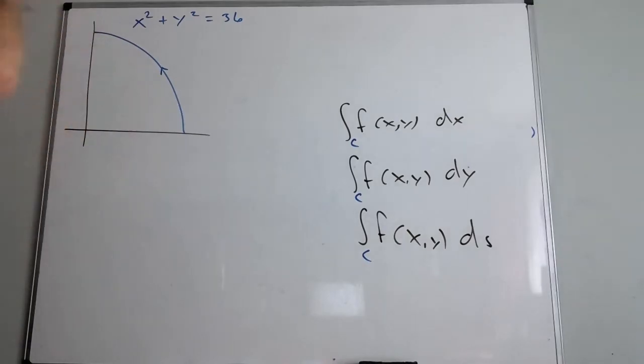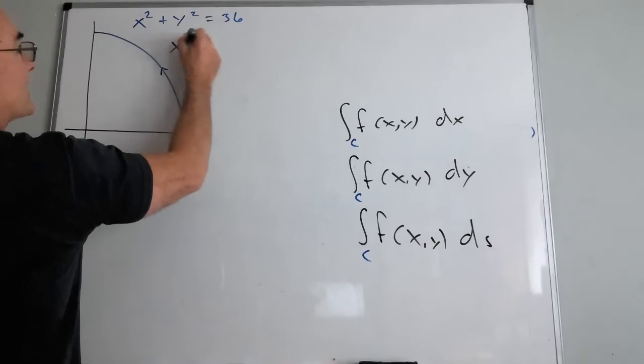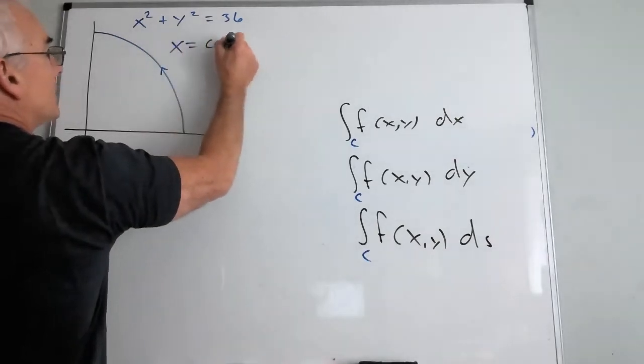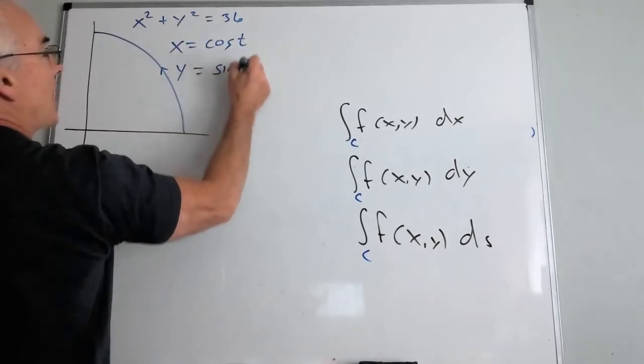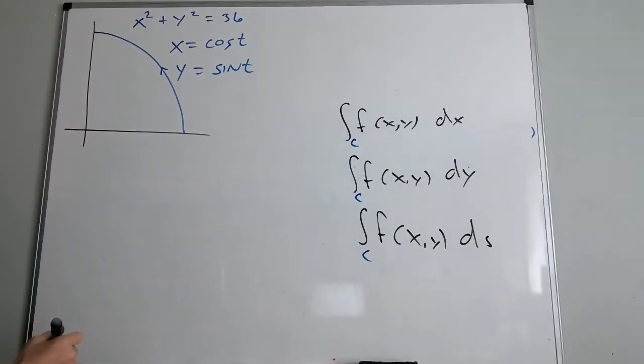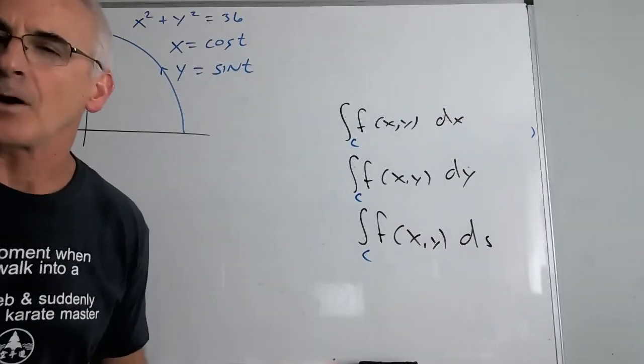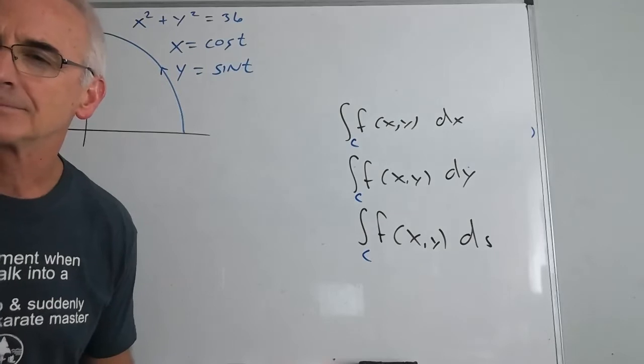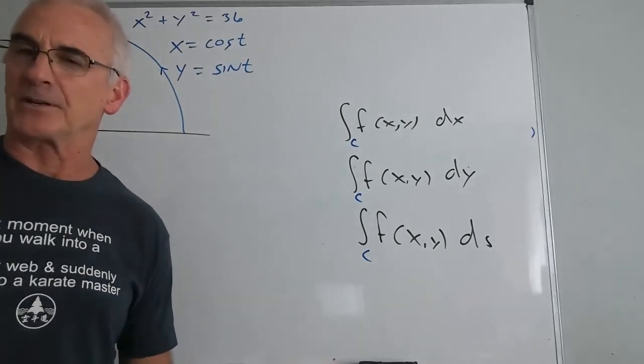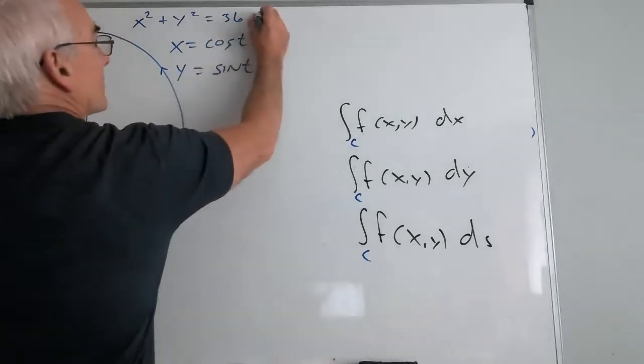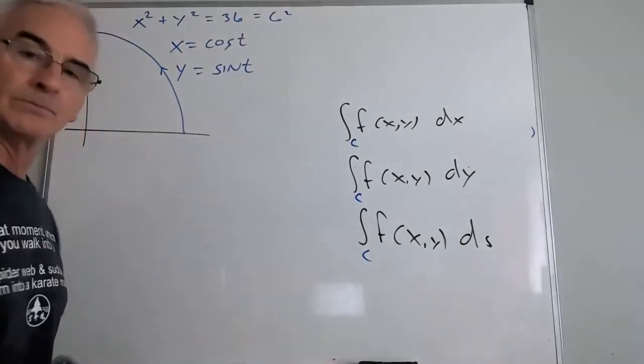So my circle was this. I'm going to let x equal cos t. I'm going to let y equal sine t. Well, almost correct. 36, how does that get figured into here? Think Calc 2.